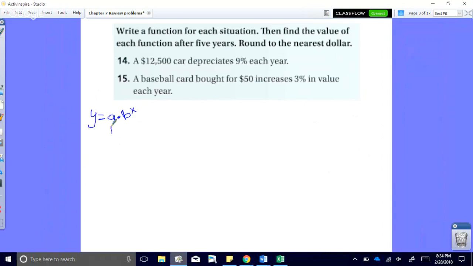The a always stands for the starting, or initial, amount. The b is always either going to be the growth or the decay factor.